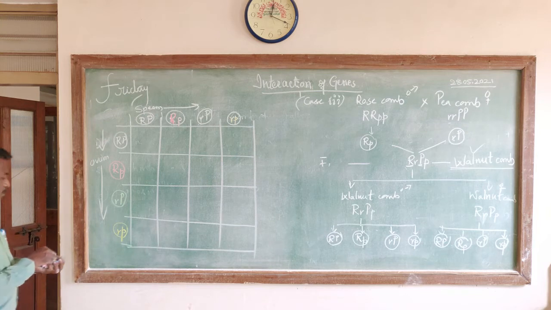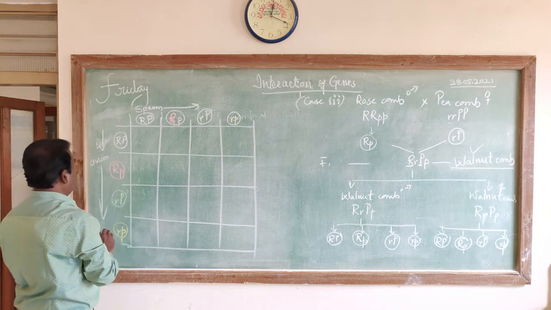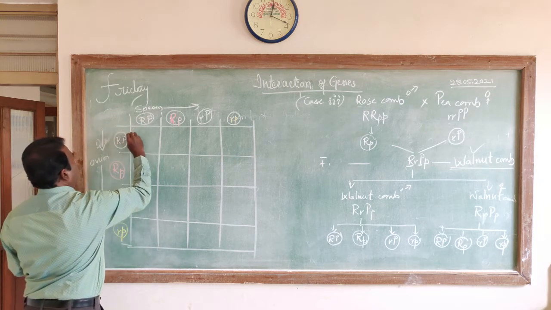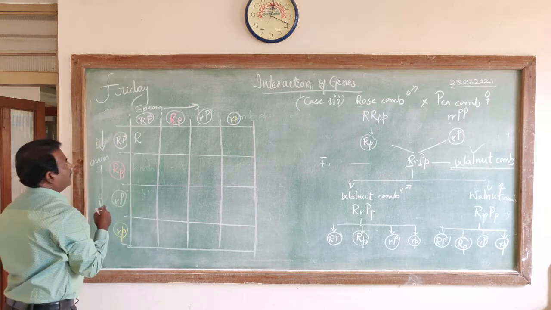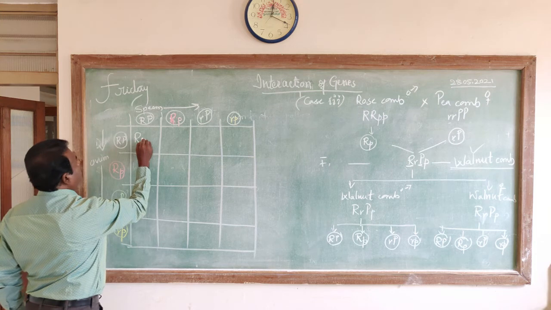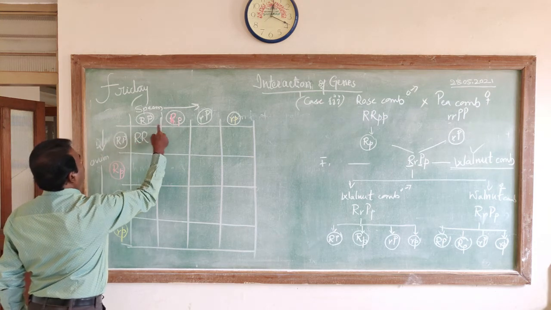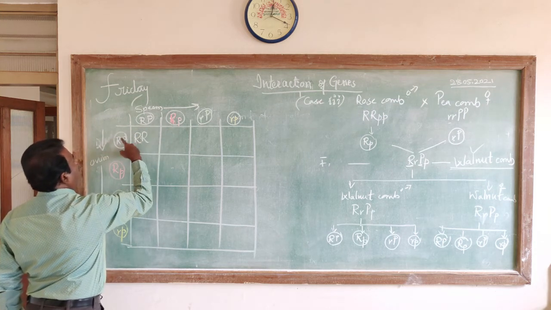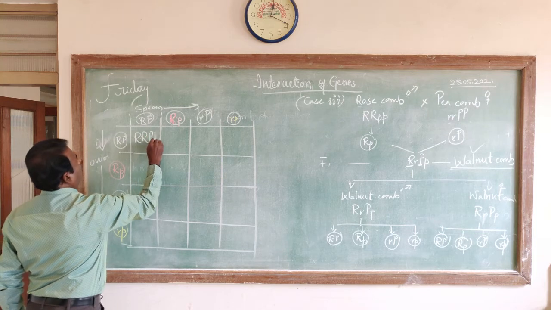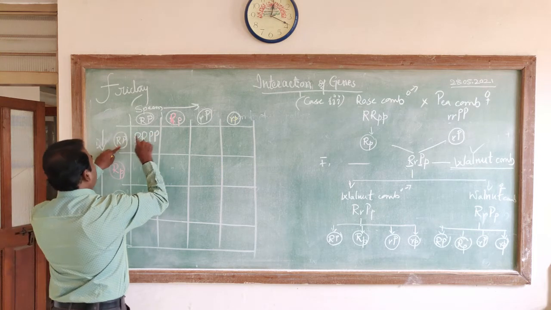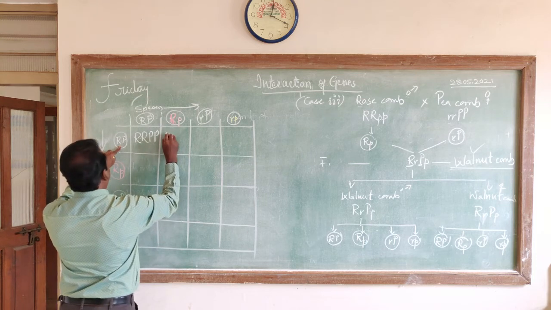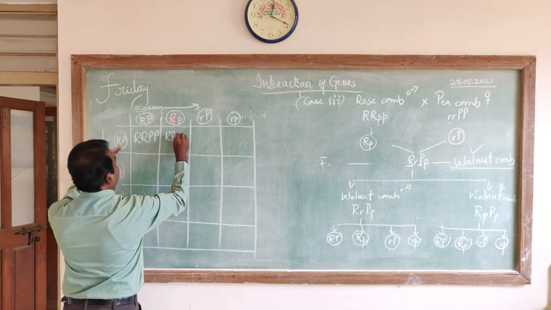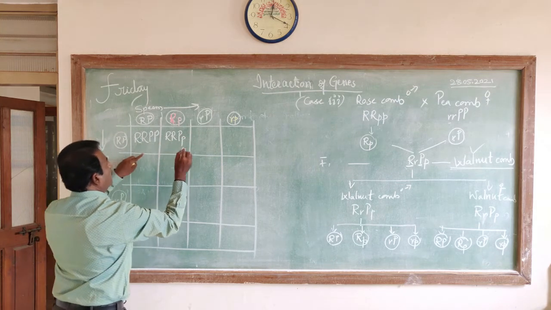So when this is crossed with this, capital R, capital P. If this here unites with this sperm genotype, what happens? Capital R, capital P, small p.